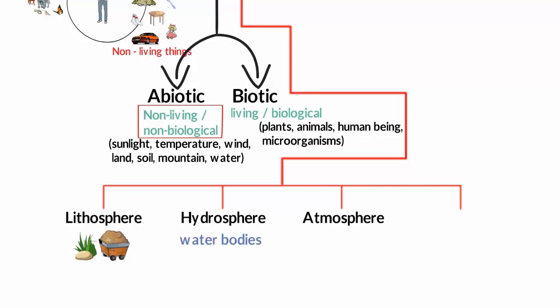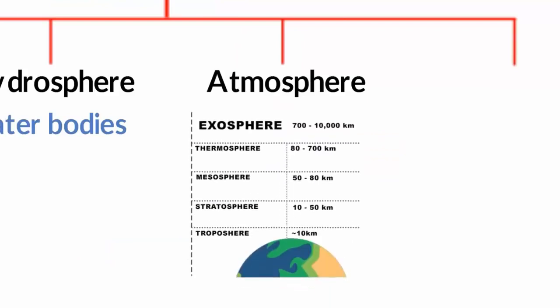Then hydrosphere is referred to the liquid water component of the earth. It includes the oceans, seas, lakes, ponds, rivers, and streams. The hydrosphere covers about 70% of the surface of the earth, and it is the home for many plants and animals. The third one is the atmosphere. You remember this picture, different layers of the atmosphere? It is a thin layer of gases that exists above our planet's surface.